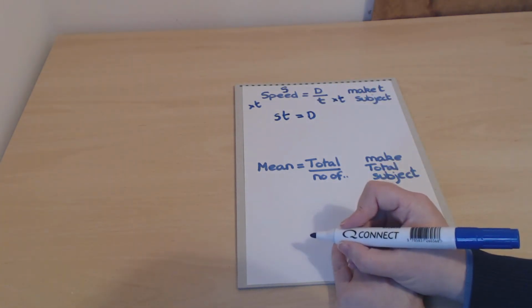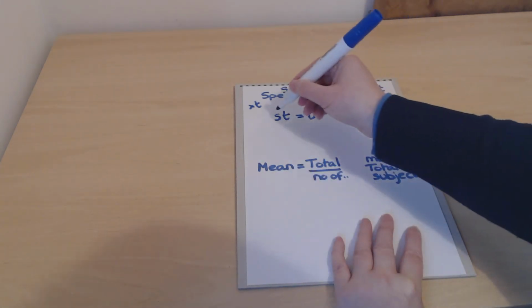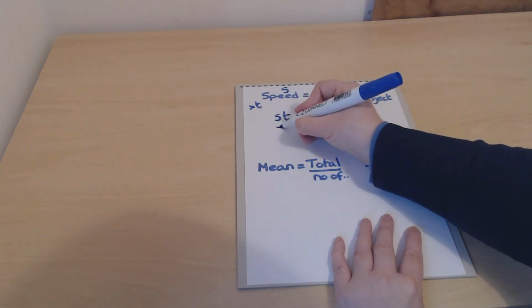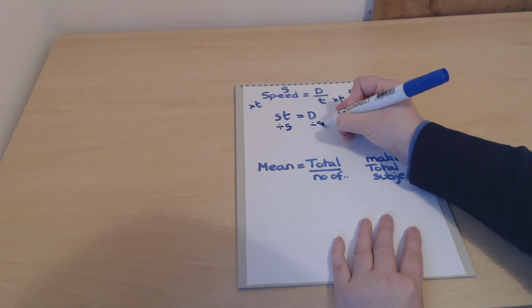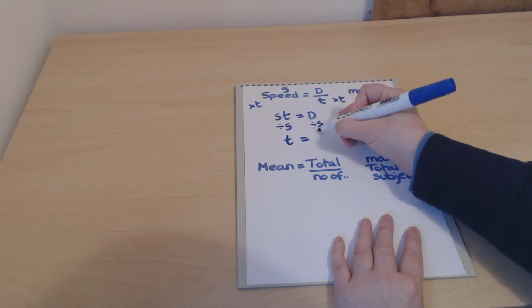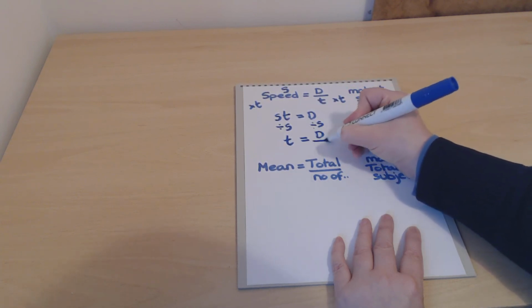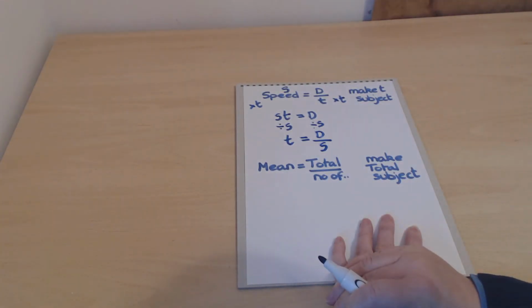So our final move now is to get rid of that s, so we've just got the t on its own. It's multiplying the t, so we're going to divide by s on both sides. So that leaves us with t on this side, and on this side we'll have d for distance divided by s for speed.